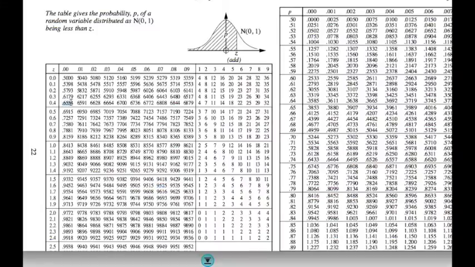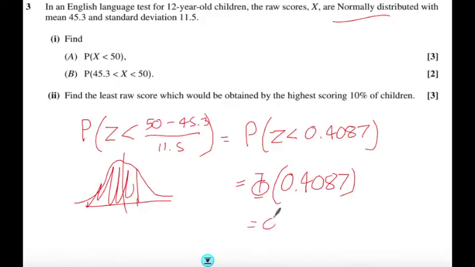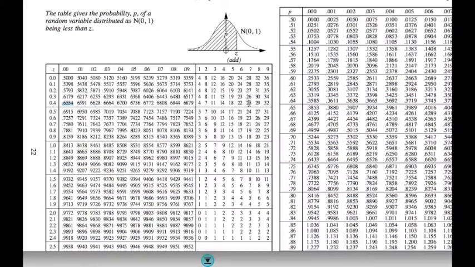Right, so there's 40, 8 would be 29, so 6554 plus 29 is 6583. But we've also got to go 7/10 of the way along the next number, because that's just 0.408 and we want 0.4087. So you can see the difference between the 29 and the 32 is 3.